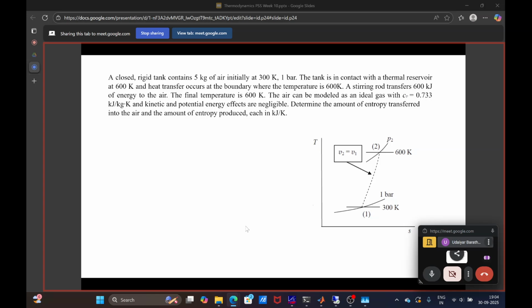The final temperature is 600 Kelvin. The air can be modeled as an ideal gas with Cv of 0.733 kilojoule per kg Kelvin, and kinetic and potential energy effects are negligible. Determine the amount of entropy transferred into the air and the amount of entropy produced, each in kilojoule per Kelvin.